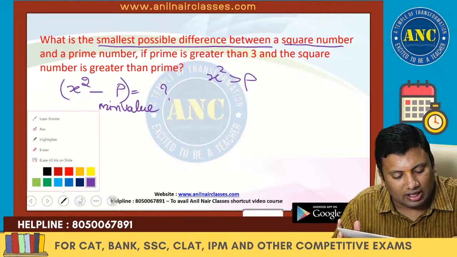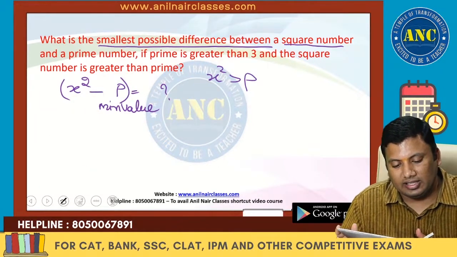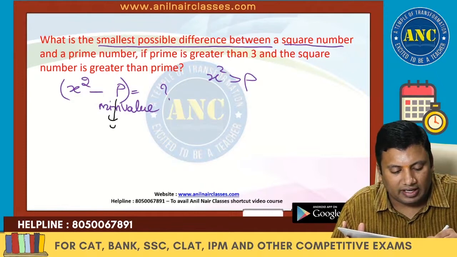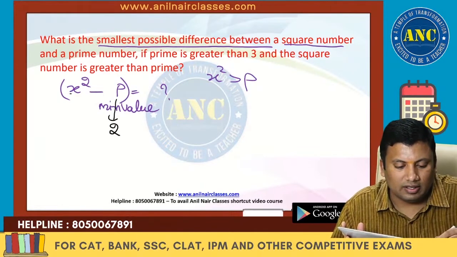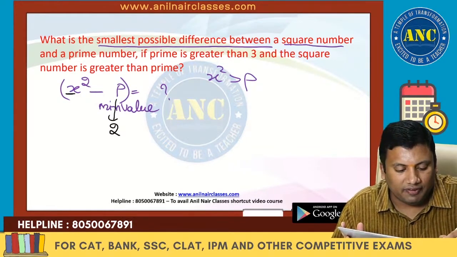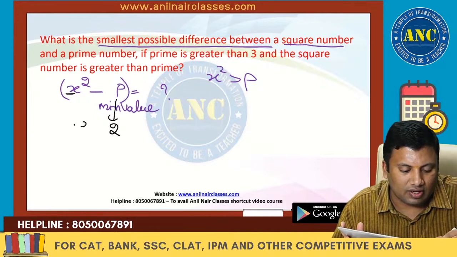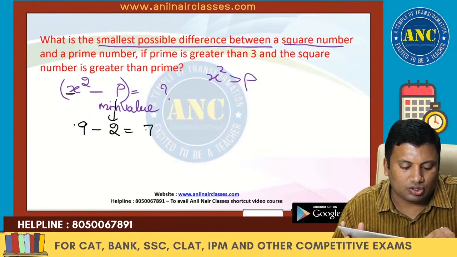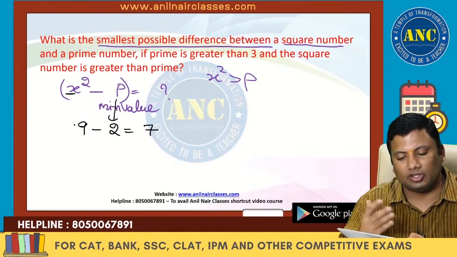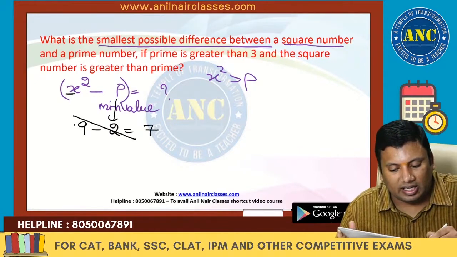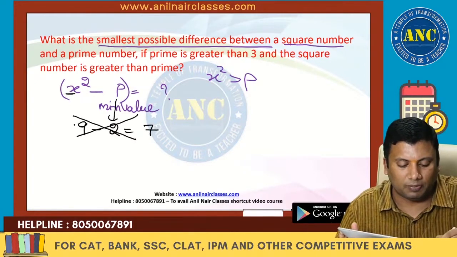Now suppose x square is greater than p. Suppose I take the prime 2. If I take x as 3, 3 square is 9. 9 minus 2 is 7. Prime number is greater than 3, so this case is not possible.